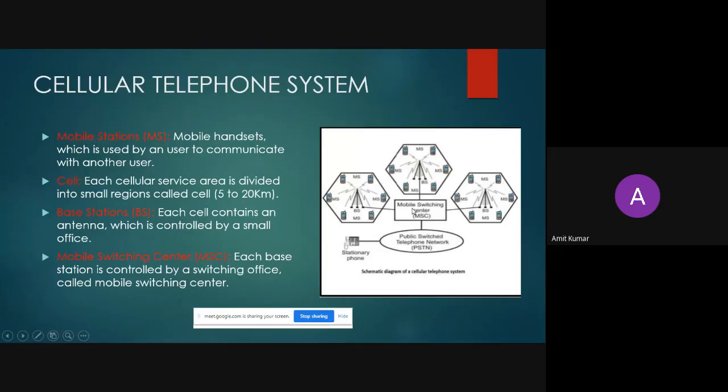Now when he moves to the next cell, he is automatically out of the boundary of cell 1, so the strength of antenna 1 is very weak, and you are not able to connect with that antenna. Now you have to connect with another base station, another antenna. Say, for example, the second antenna. So how is it going to take place? This process is known as handoff.